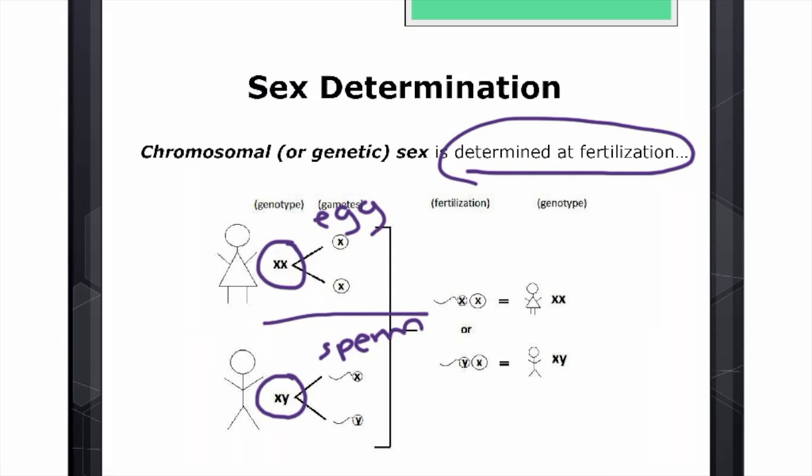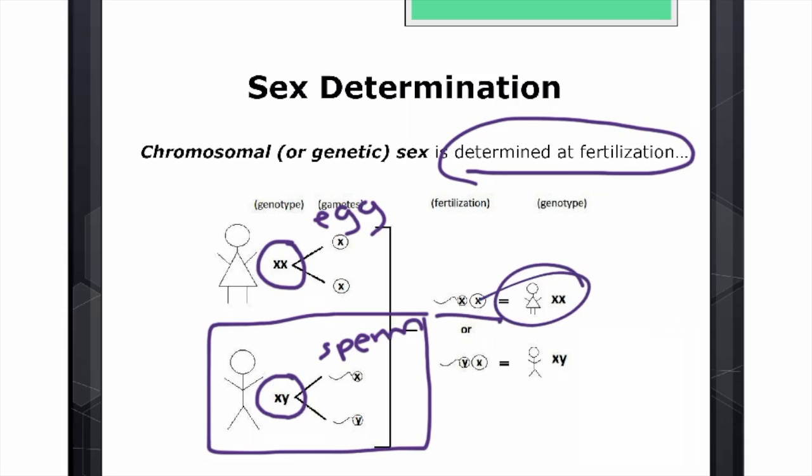You've probably heard of this before, it's actually the males that determine the sex of the offspring. So if I had a female egg, which is an X, and a sperm that has an X, the offspring is going to have two X's, which indicates that genetically it is female.